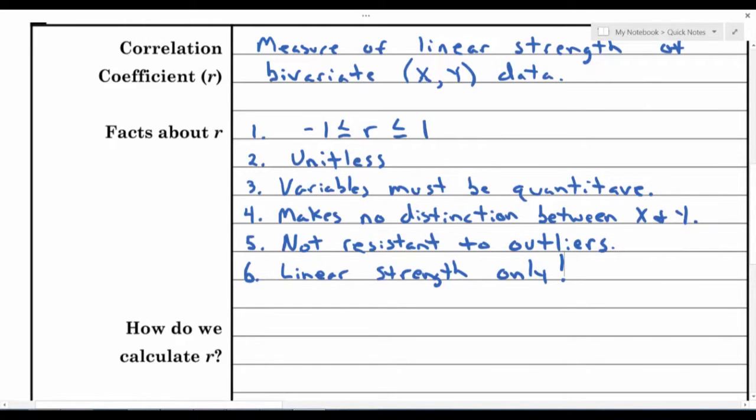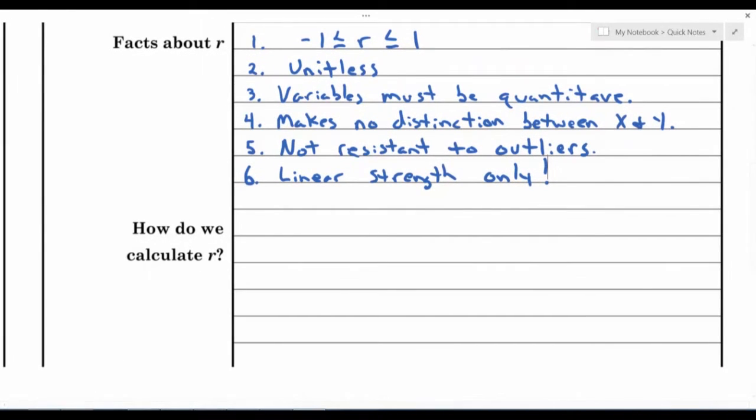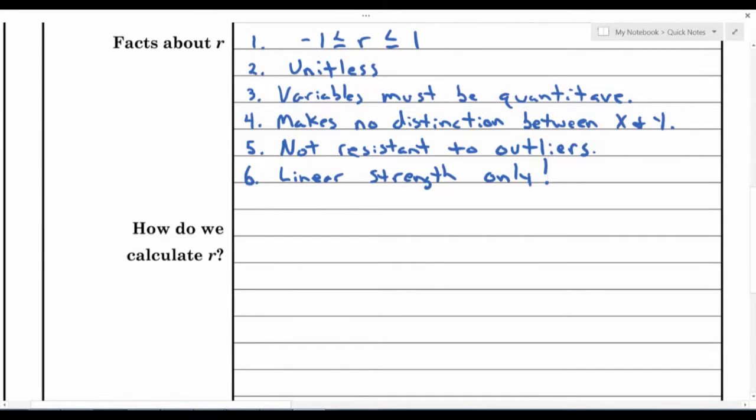How do we calculate r? Well, there is a formula that right now in your mathematical life would appear pretty crazy, but we're going to use the calculator entirely to do it. And in order to calculate r, we're first going to turn diagnostic on.